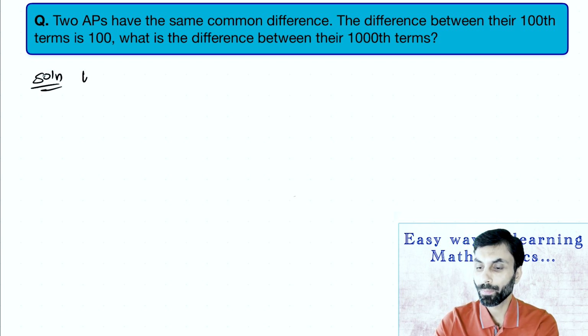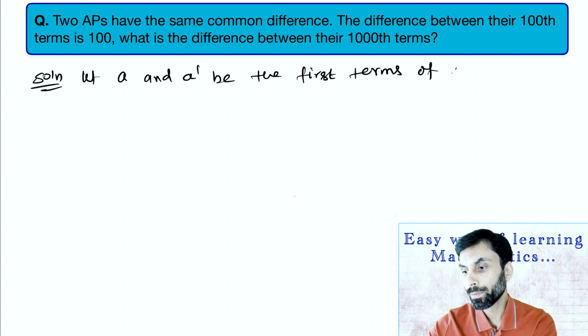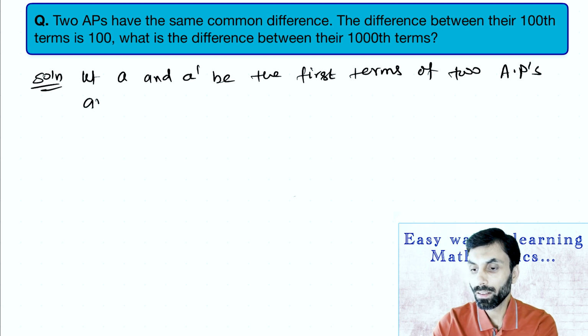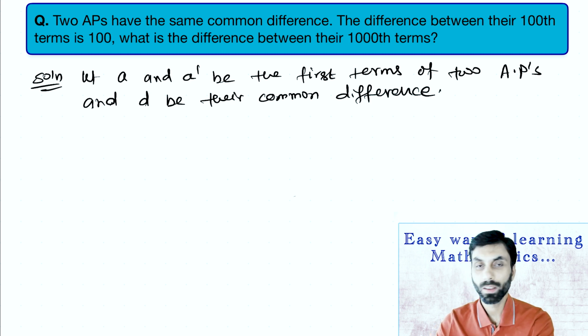To solve this question, let A and A dash be the first terms of the two APs and D be their common difference. As the common difference is the same in both cases.